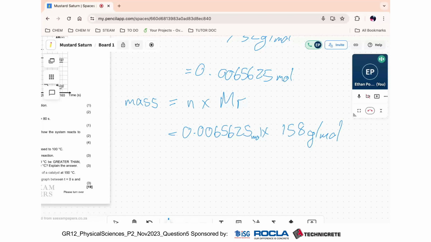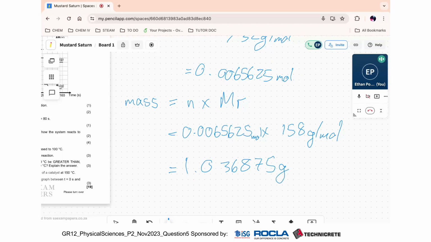So multiply that by 158 and we get 1.03875. And we're not going to drop any significant figures just yet. So this is grams.